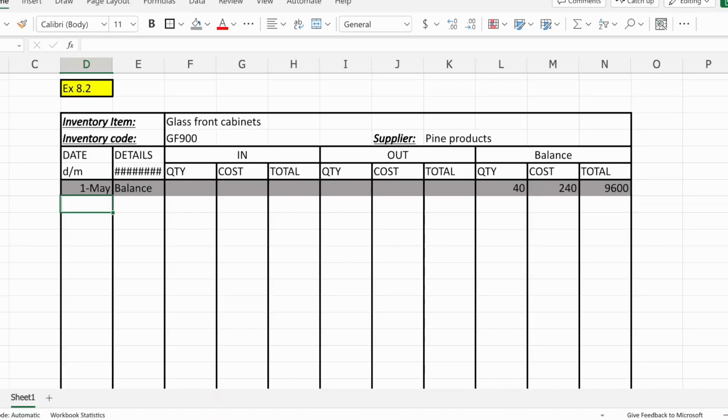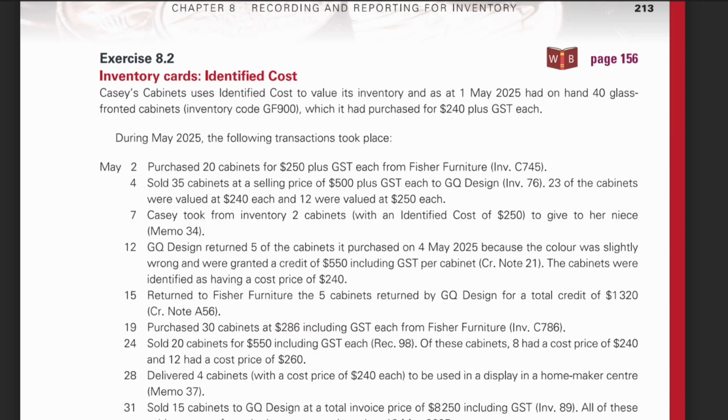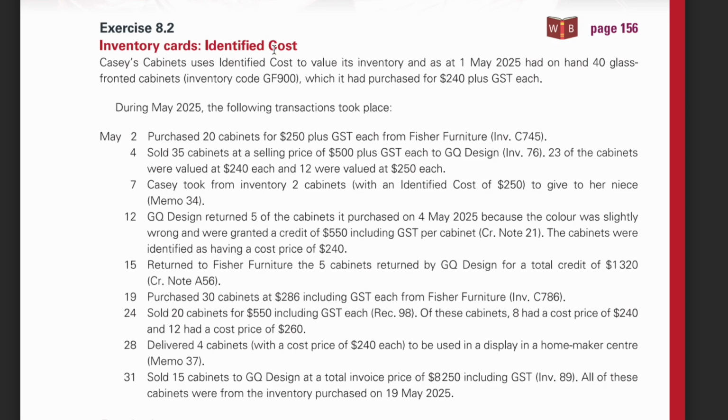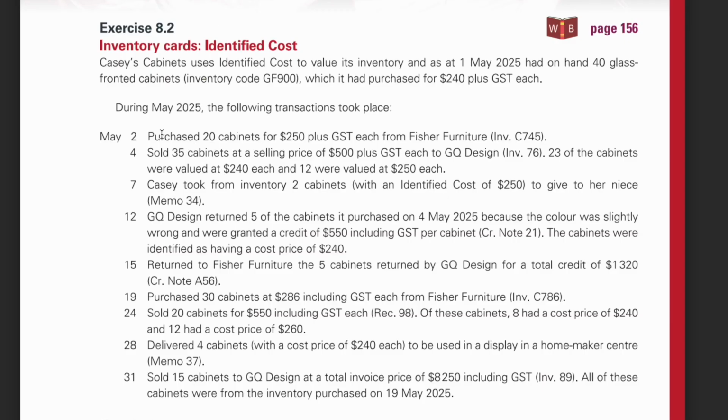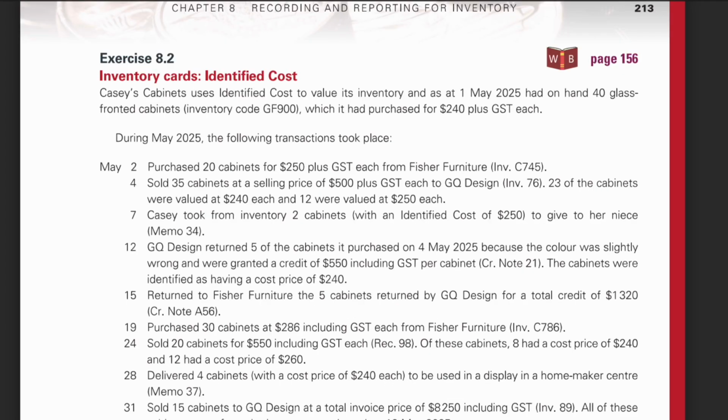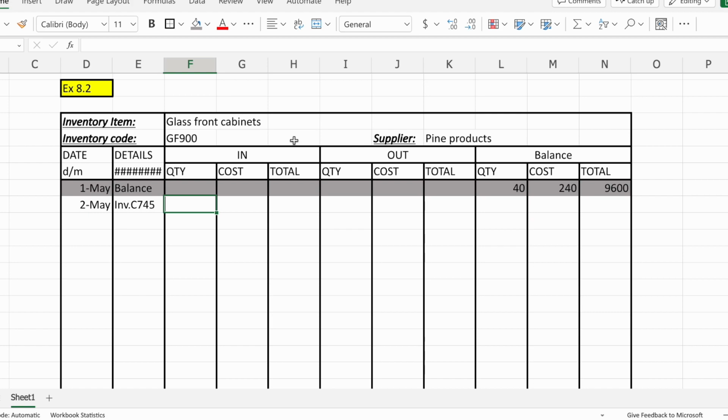So, 2nd of May. Now we put the source doc here, which is invoice C745. What they tell us is they purchased 20 cabinets for $250. In this case, there's a new piece of inventory added.